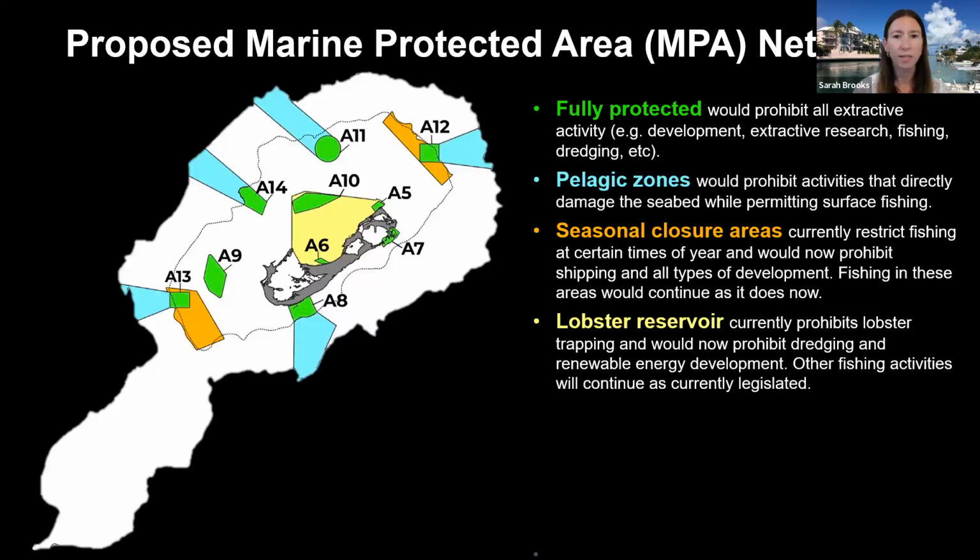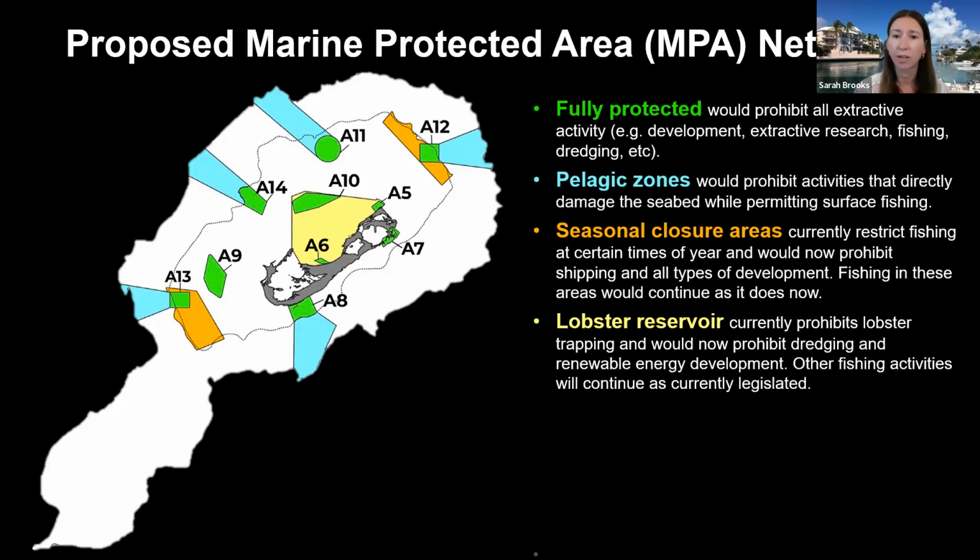Okay, so this is the proposed marine protected area network in the nearshore area. And this is what our focus group participants are tasked with modifying to address various concerns. What you can see here are various shapes that are designated marine protected areas that have different levels of protection proposed.